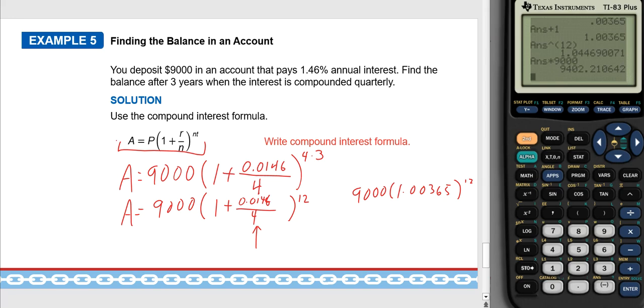So after those 3 years, we have $9,402.21. Right, so there's my answer. Okay, so that's my value in my account after the 3 years.